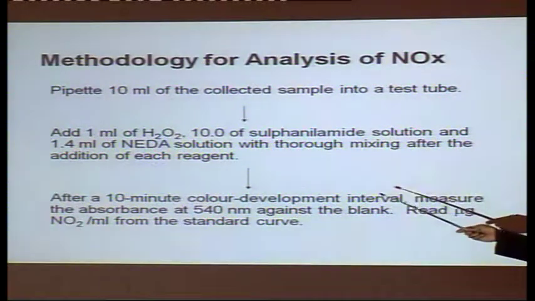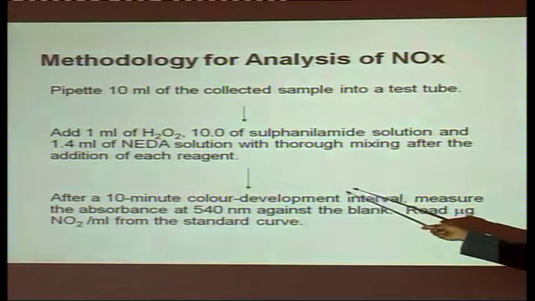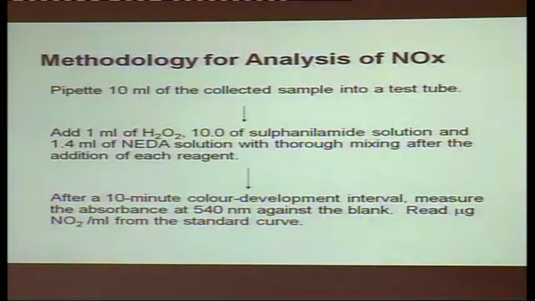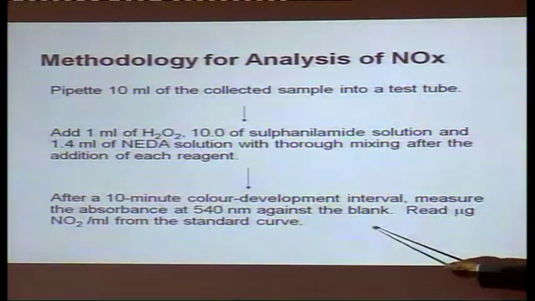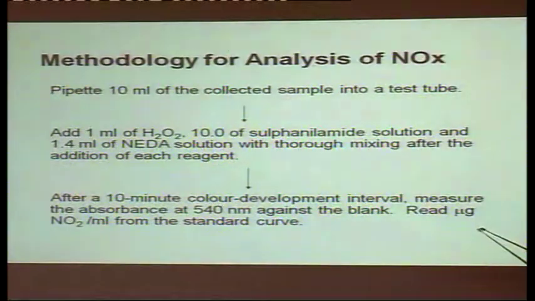Then add 1 ml H2O2, 10 ml sulfanilamide solution and 1.4 ml NEDA solution. Thoroughly mix. After each addition, wait for 10 minutes and take a reading at 540 nanometer. Similarly, you have to prepare a calibration graph for this. Next.